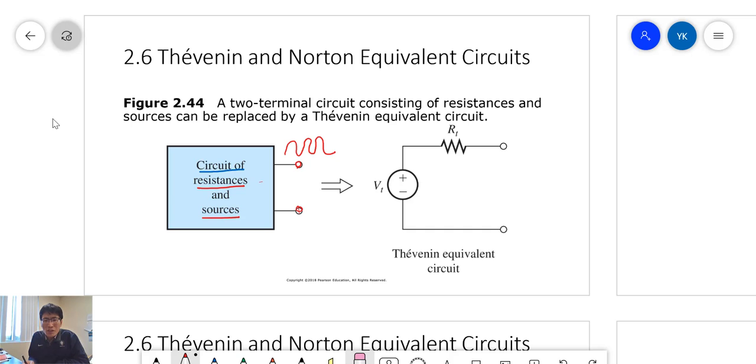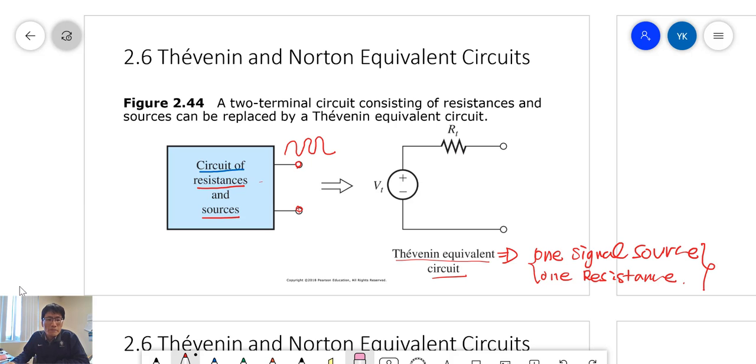So in this case, we can simplify it, or we can replace this device by the Thevenin equivalent circuit. Important thing is that in order to make a simple equivalent circuit, you need one source, one signal source, and one resistance to control the signals, at least. Okay.